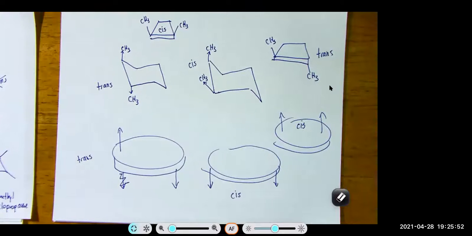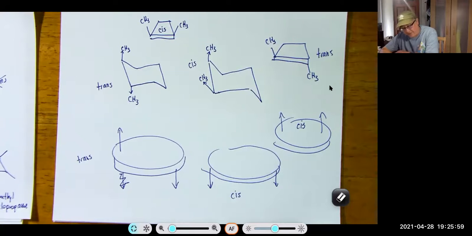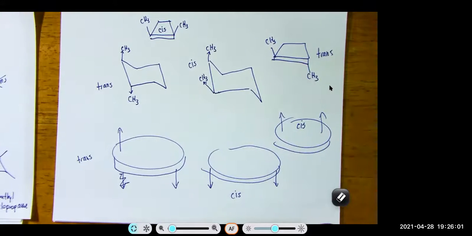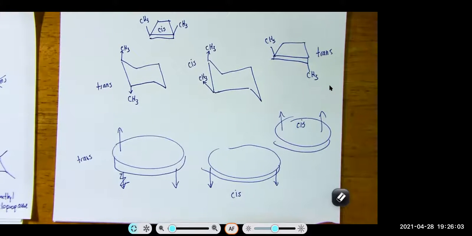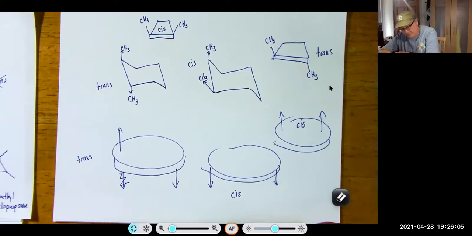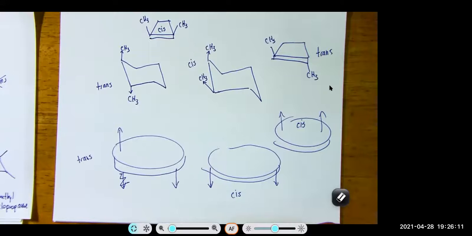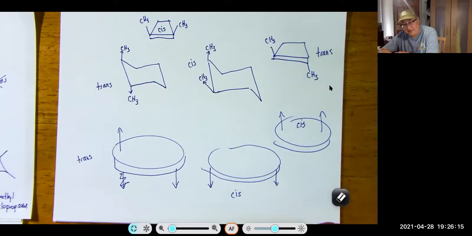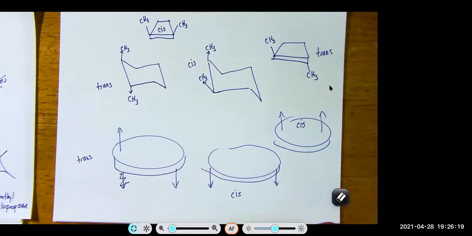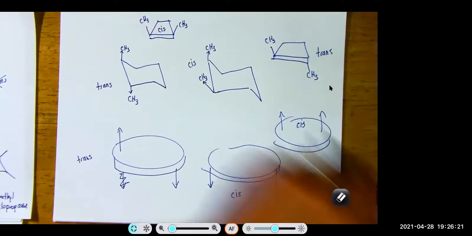And that would be the cis 1,2-methyl cyclobutane. That's right. And this one would be the trans 1,2-methyl cyclobutane. Almost. Trans 1,2. Methyl. Nope. Dimethyl. That's right. Dimethylcyclobutane.